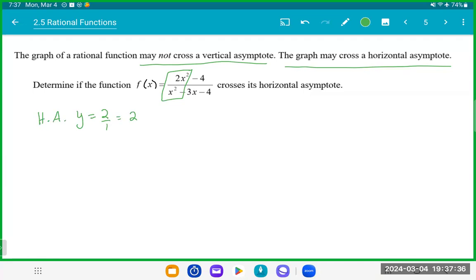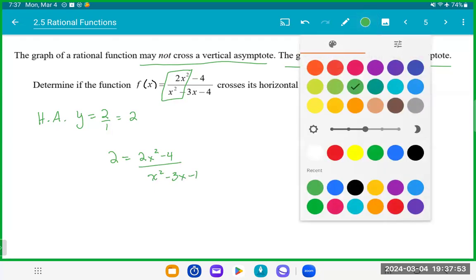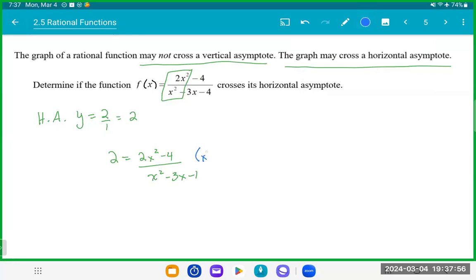Okay. So let's set our line equal to that. So we can say 2 equals this 2x squared minus 4 over x squared minus 3x minus 1. Okay. We can multiply both sides by x squared minus 3x minus 1. So it cancels out in our denominator over here.